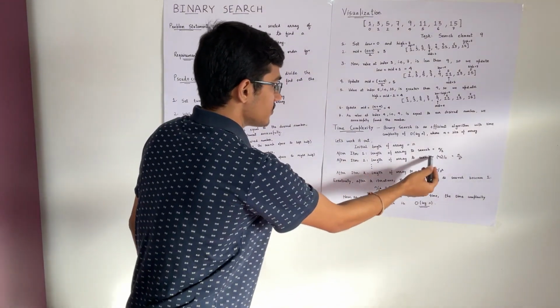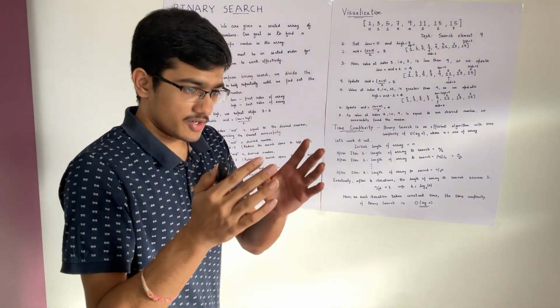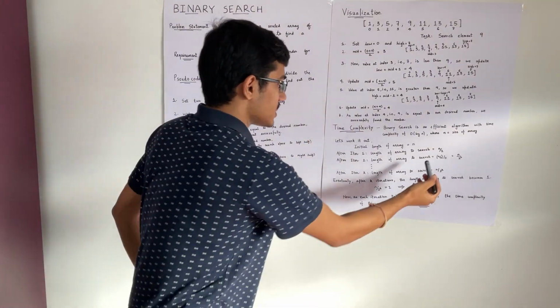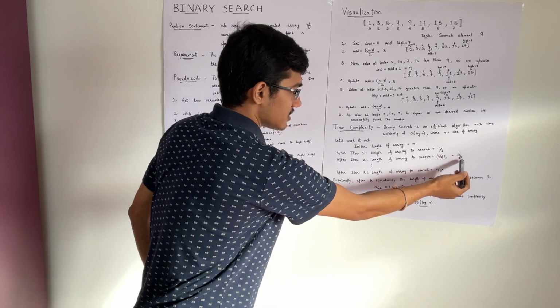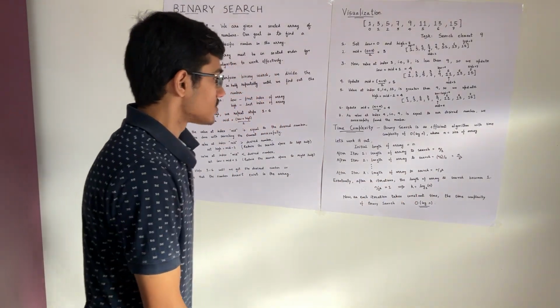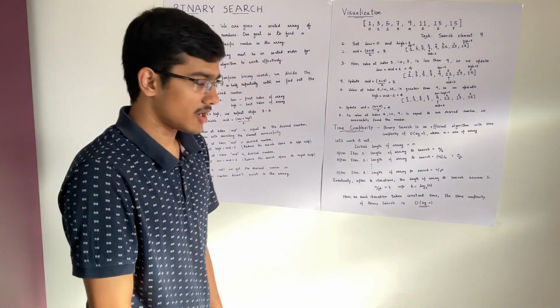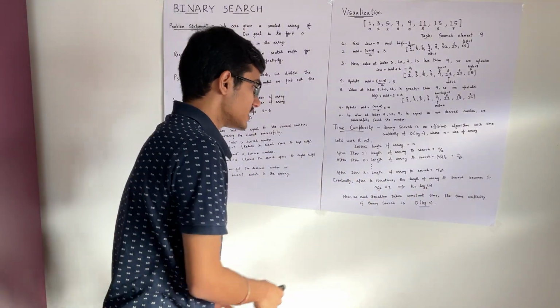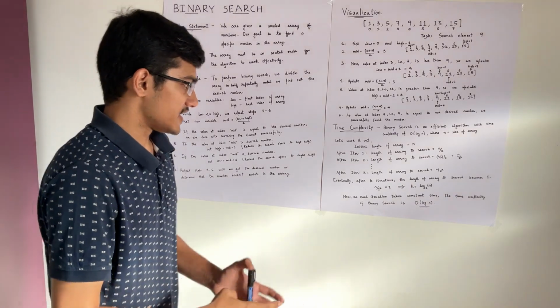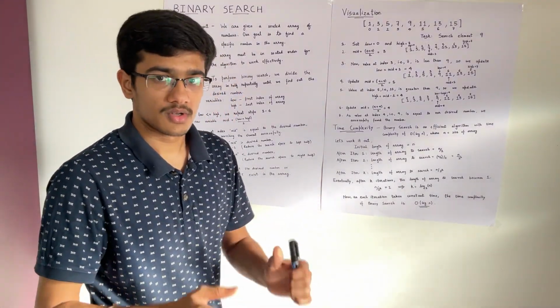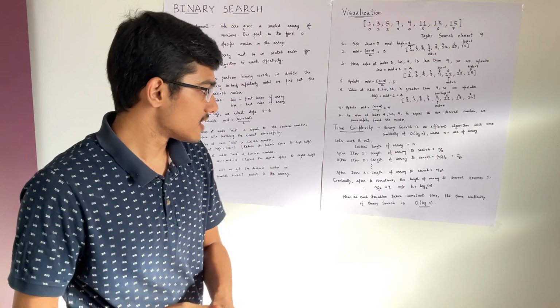After iteration 2, we again reduce the search space to half. So it is down to n by 4, which is n by 2 squared. Like this, after k iterations, the length of the array to search would become n by 2 power k. Eventually, after k iterations, the length of the array where we need to search will become 1.